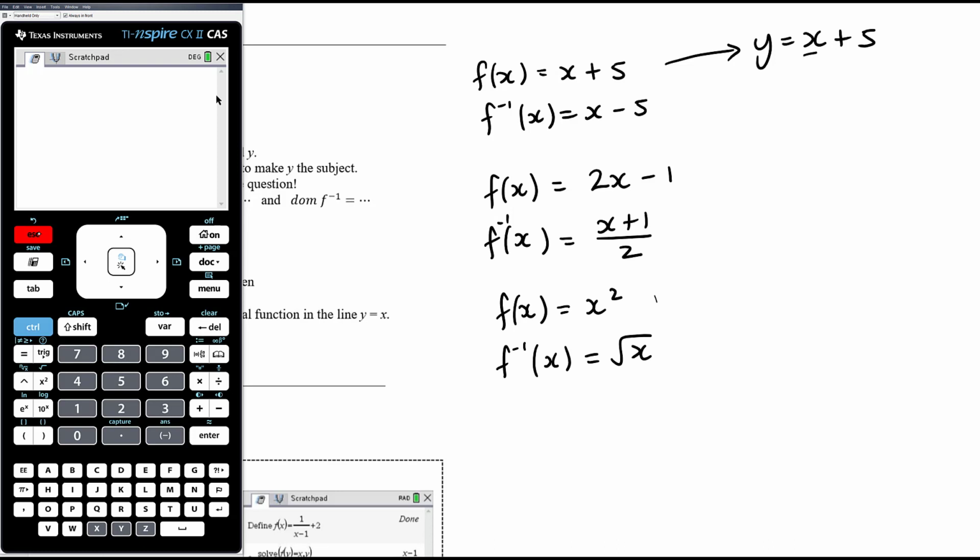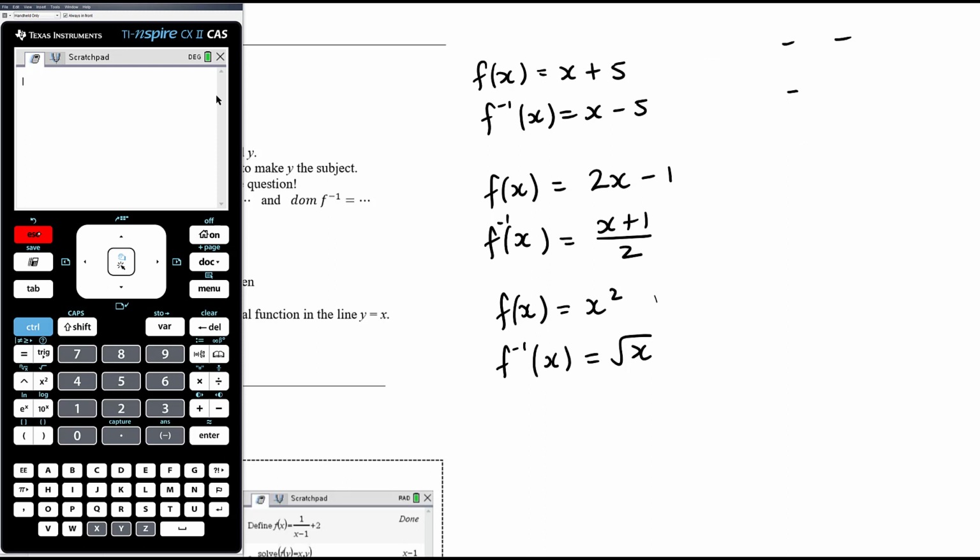Essentially what we want to do is make x the subject, so we want to take away 5 from both sides, okay? But then we're creating a new function which is doing all those opposite things, okay? So we swap x and y around, so we get x equals y plus 5, and then when we make y the subject, we're generating all of those inverse operations, okay?